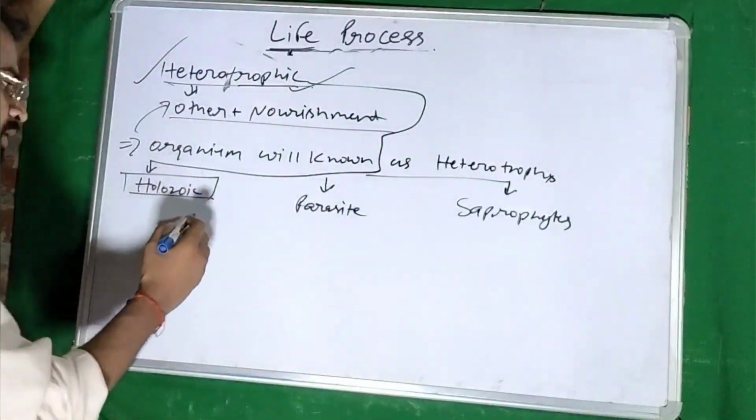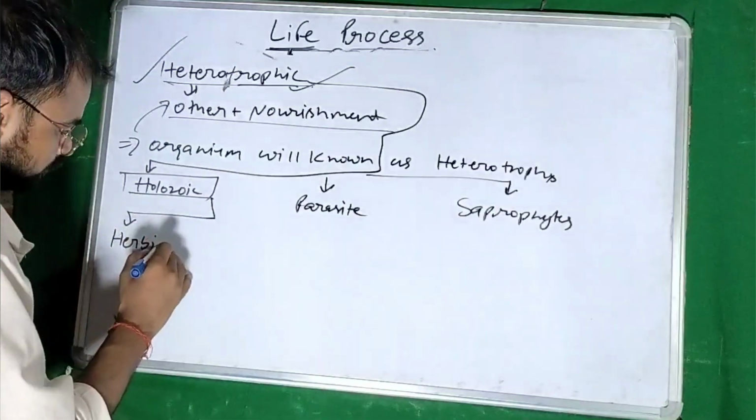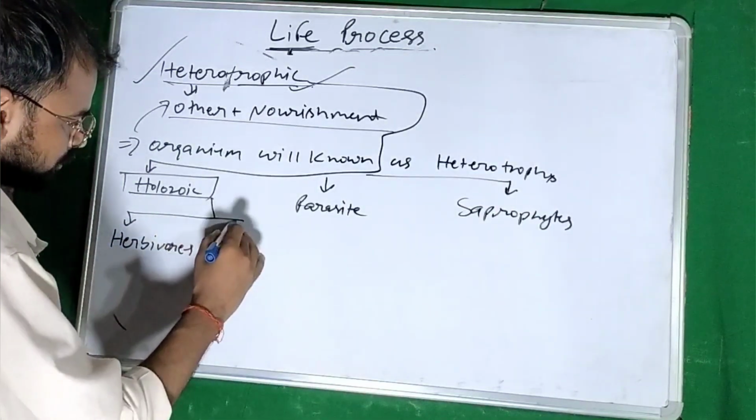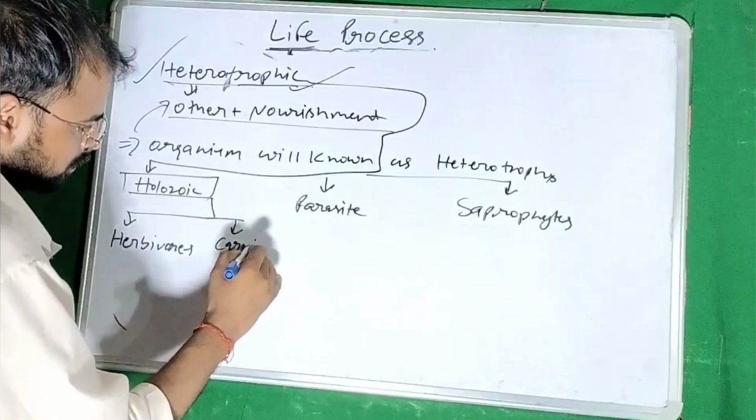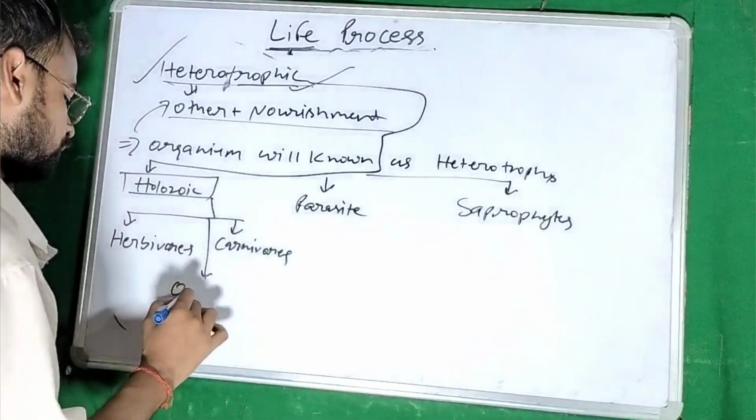Holozoic is also categorized into three groups: herbivores, carnivores, and the third one is omnivores.